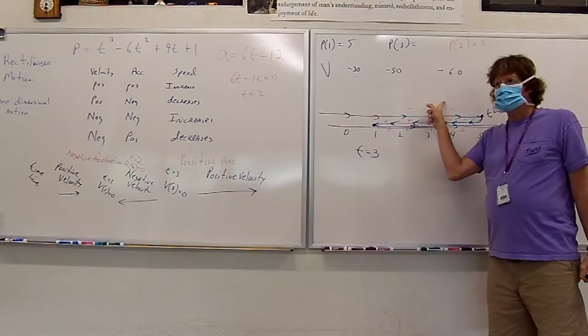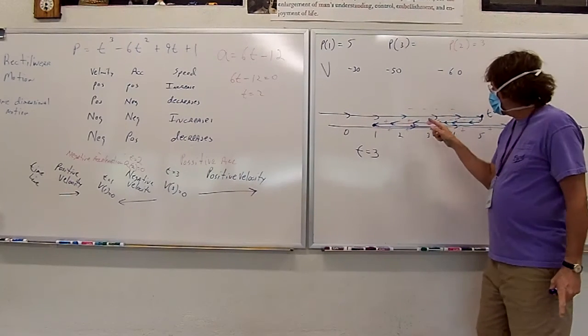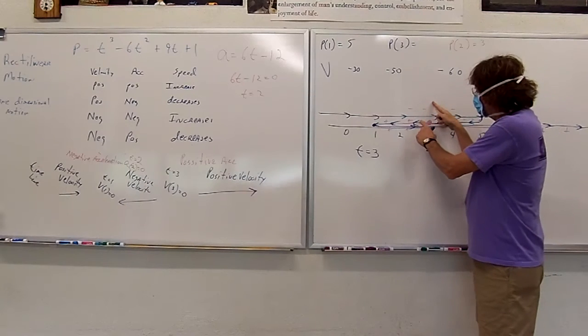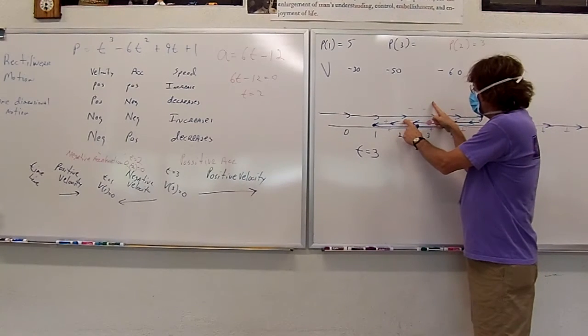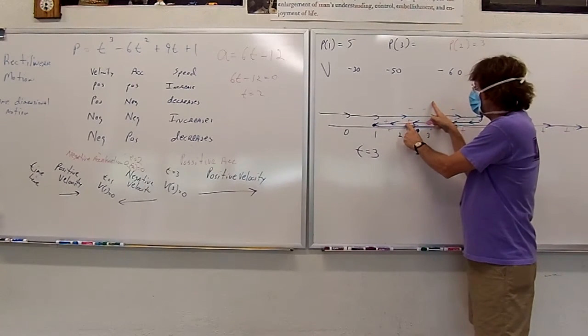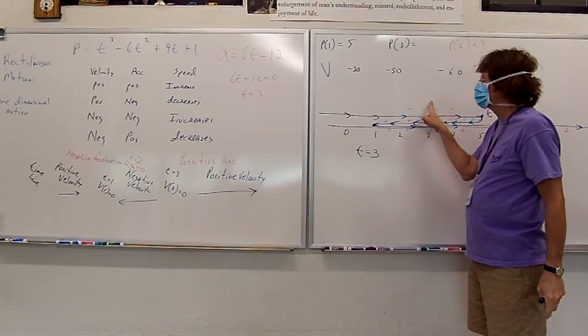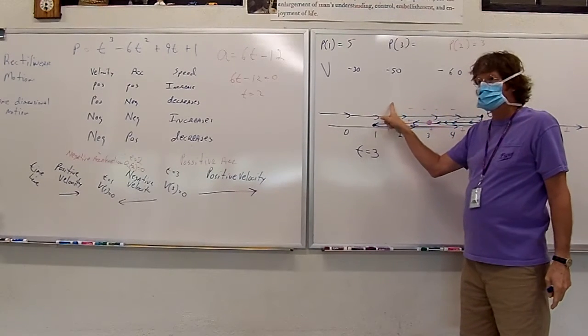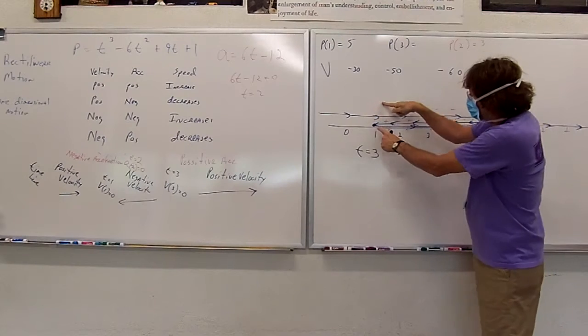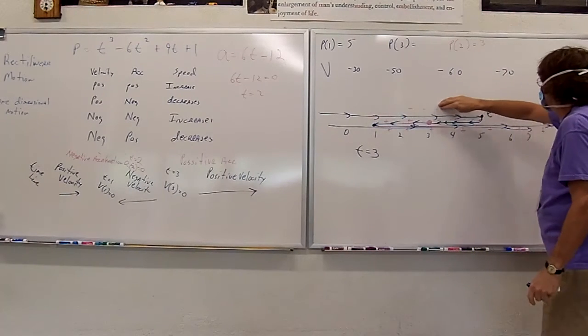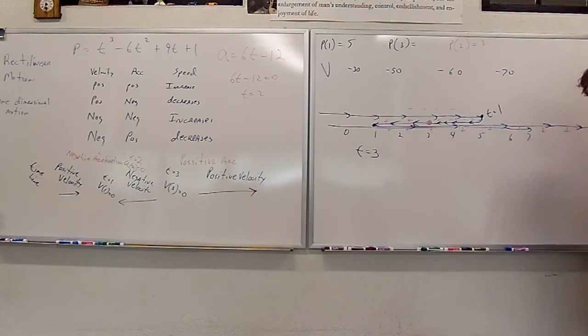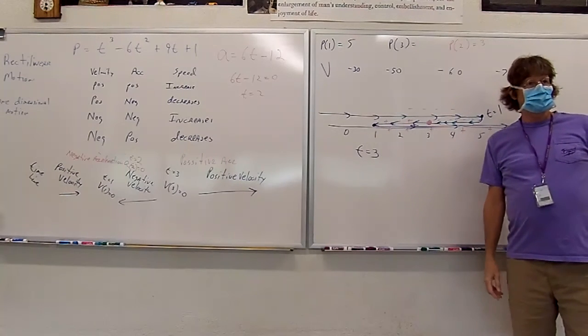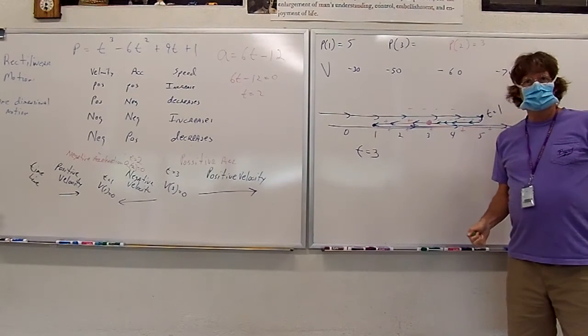Speed's increasing, but it's going backwards. And at this moment right here, your acceleration turns positive while your velocity is still negative. What does it do? The speed starts decreasing. And then it stops, and then they're both positive. So what happens to the speed as it goes this way? It's always increasing. Is that cool?